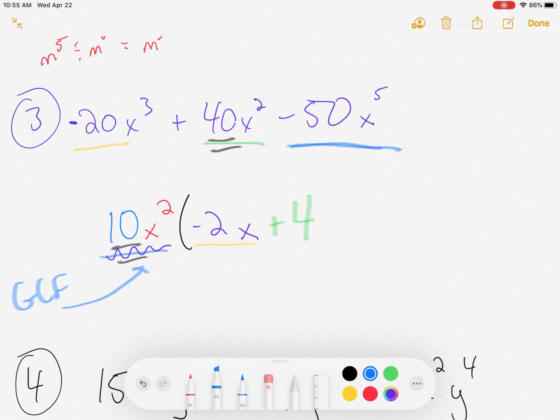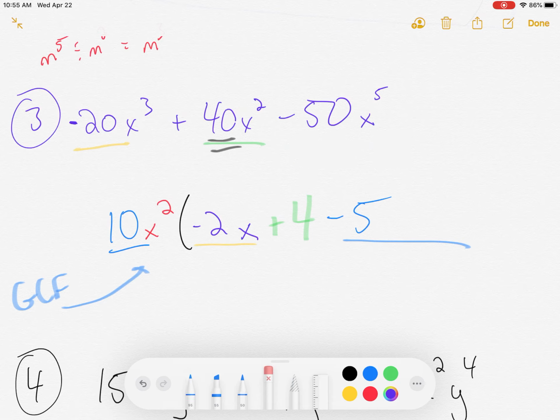Okay, next up, we have my last term, which is the blue one. So I'm going to put the blue one right here. What is negative 50, my first term, negative 50 divided by my GCF? My GCF is 10.